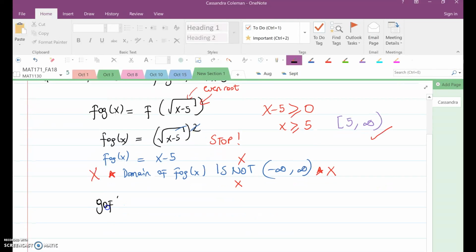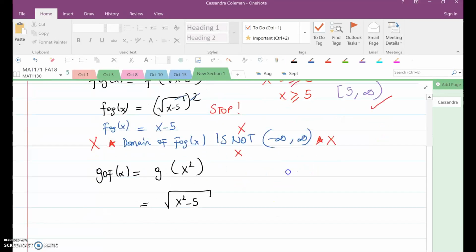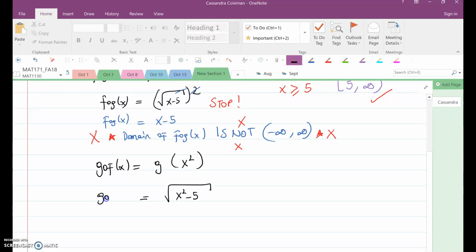So g of f of x. So it will be g, f of x was x squared. So what will it be? Well, what is g doing to x squared? So it is going to take it to something like that. So this is g of f of x. Now, again, we need to go back and think.